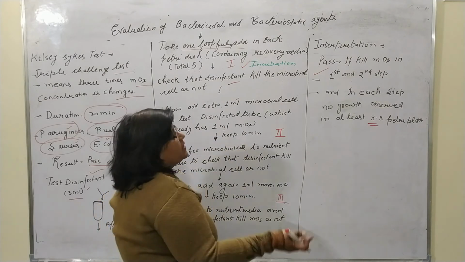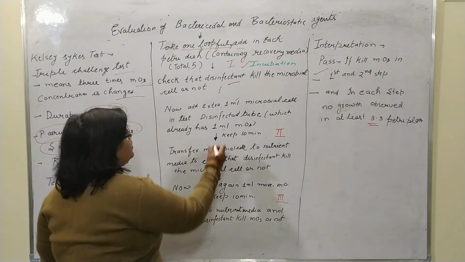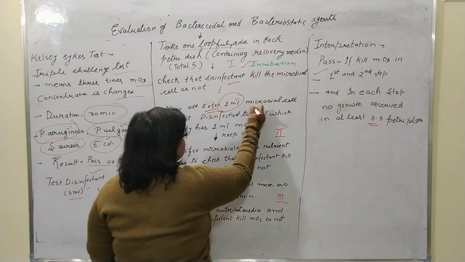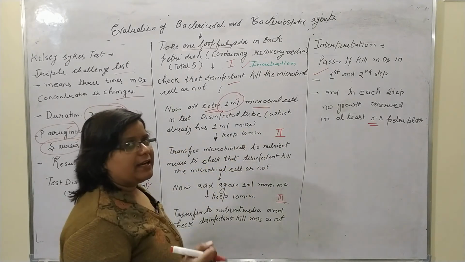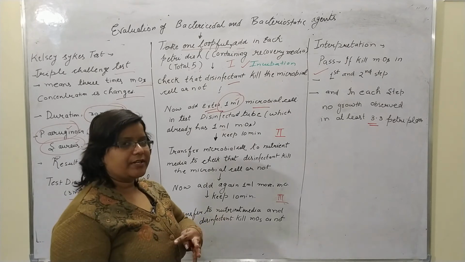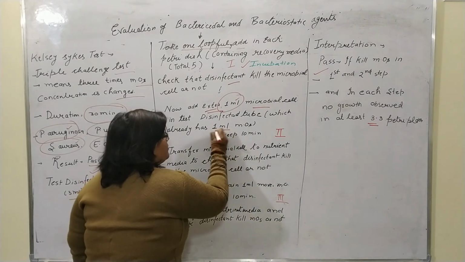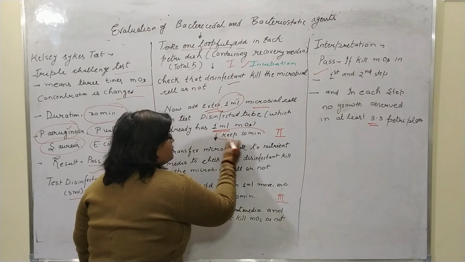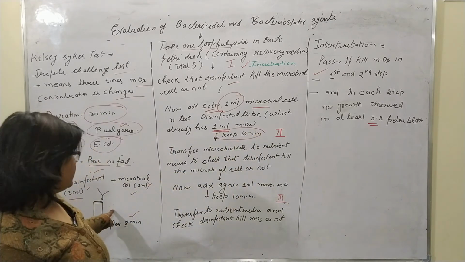Now in the second step, again 1 ml of extra microbial cells is added, and again 5 Petri plates are prepared with nutrient agar. After adding 1 ml of microorganism, keep it for 10 minutes.